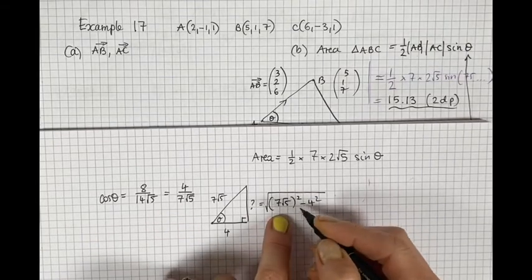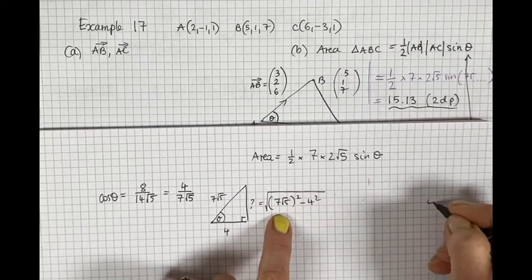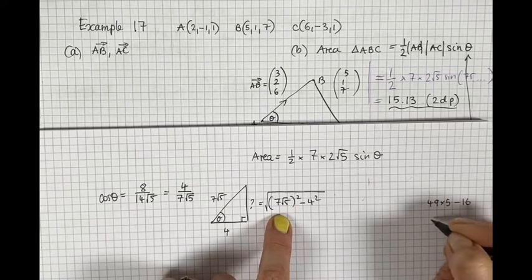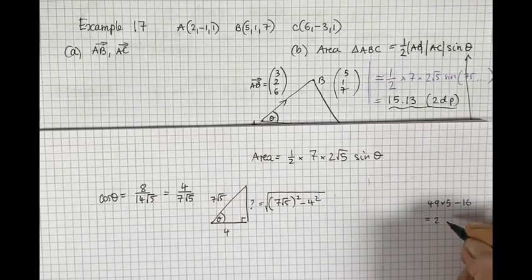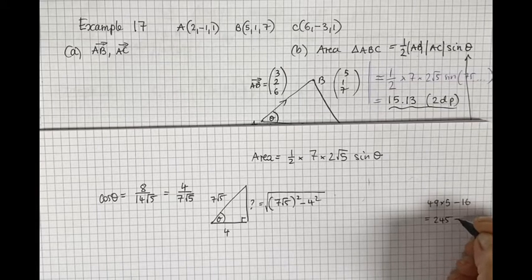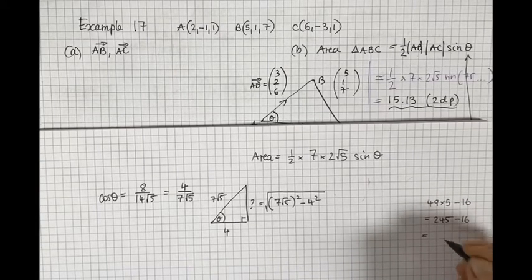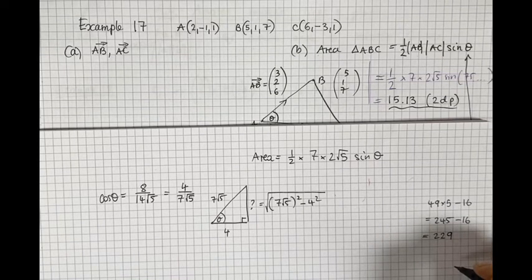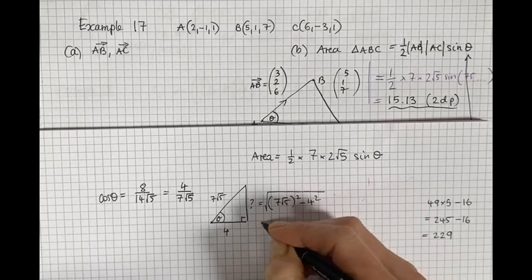So this is going to be 49 times 5 minus 16. So that's 49 times half of 490, which is 245, minus 16, so that's 229. Is that right? 245 minus 16, that's correct.